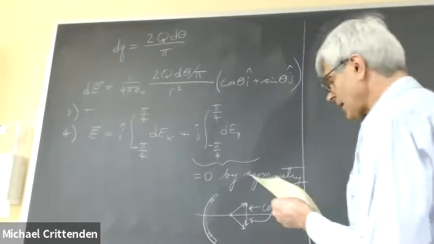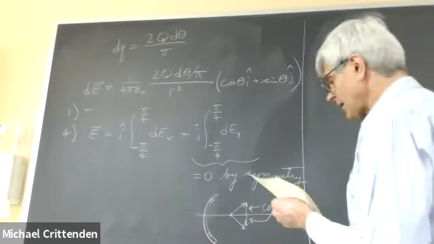I'm almost done. So we have just the x component. That pi combines with that pi, and the 2 cancels with the 4.